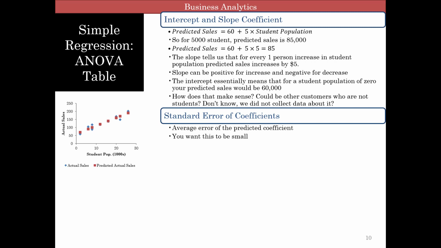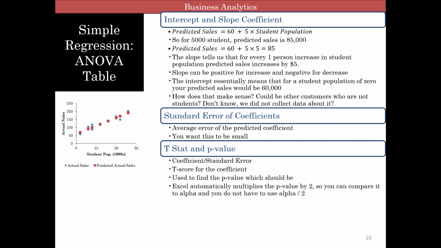The standard error of coefficients is the average error of the predicted coefficient, and you want this error to be small. Your t-stat and p-value, again, we looked at it. Now, unlike the manual where you had to compare it with alpha by 2, Excel automatically multiplies your p-value. So the data given to you is automatically multiplied by 2, so you just have to compare it with alpha. You should not use alpha by 2 if you're using the table from Excel. Does that make sense?